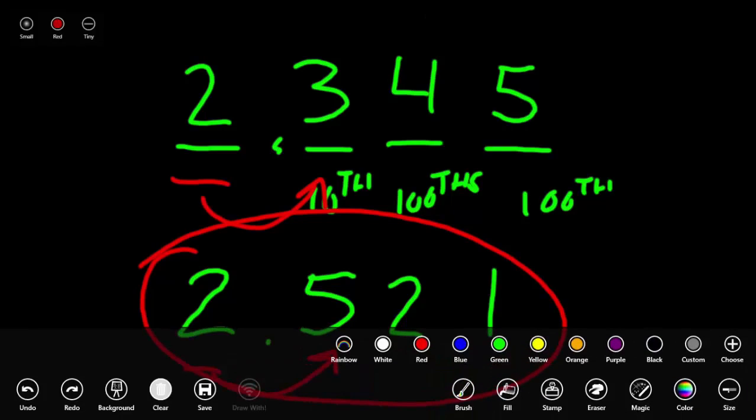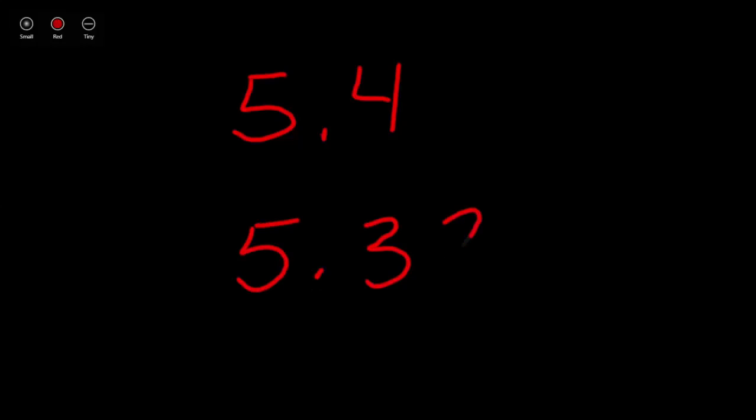Let's try this again with different numbers. Let's say we have the number 5 and 4 tenths, or the number 5 and 32 hundredths. When comparing the two different decimal numbers, remember you always start in your largest place that you see. Now we see a number in the ones place in each of these decimals.